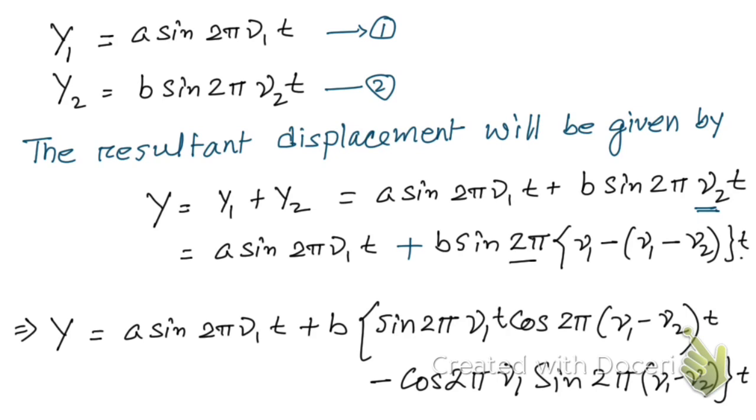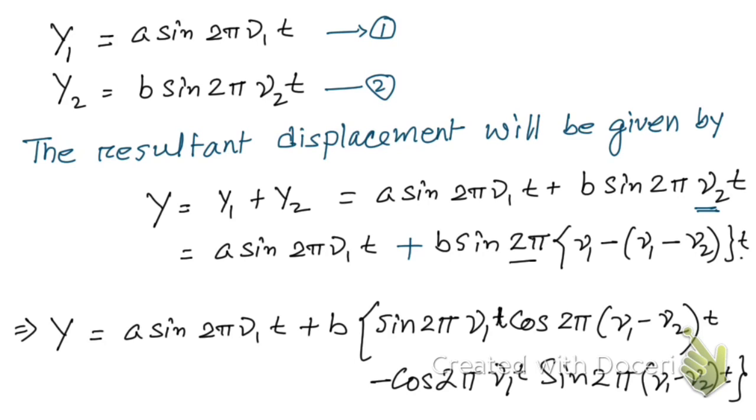Here also we have to put t. Similarly we have to put t here as well. Just wait, let me write this t inside the bracket. Okay, so hope you have understood this.